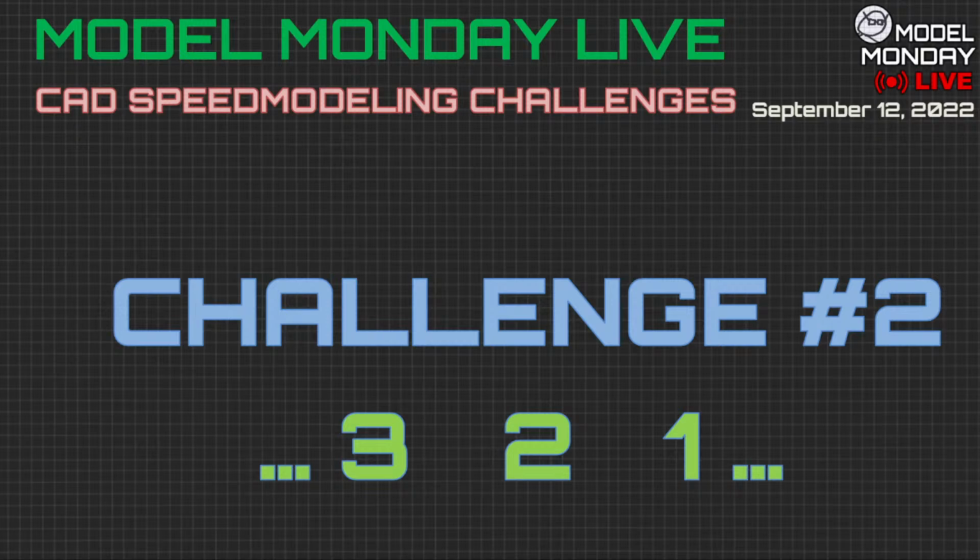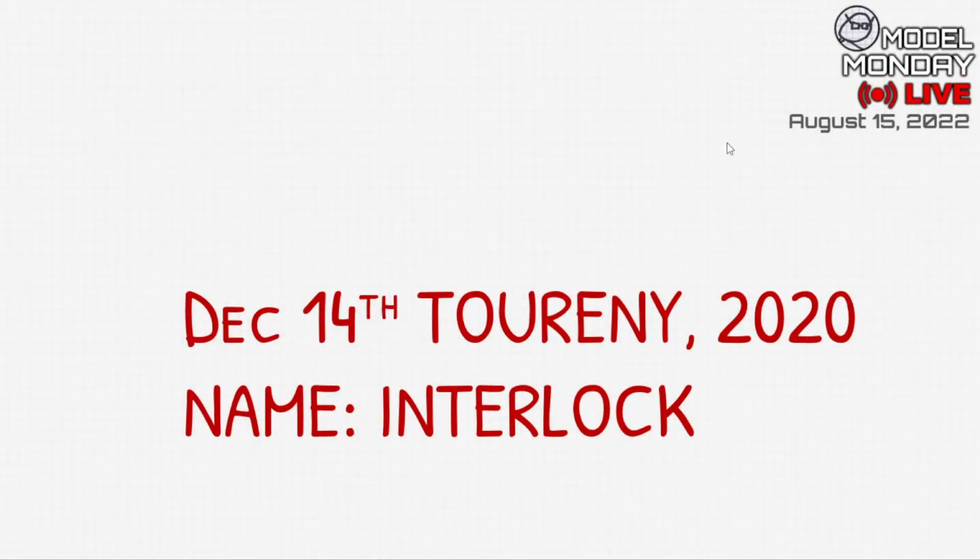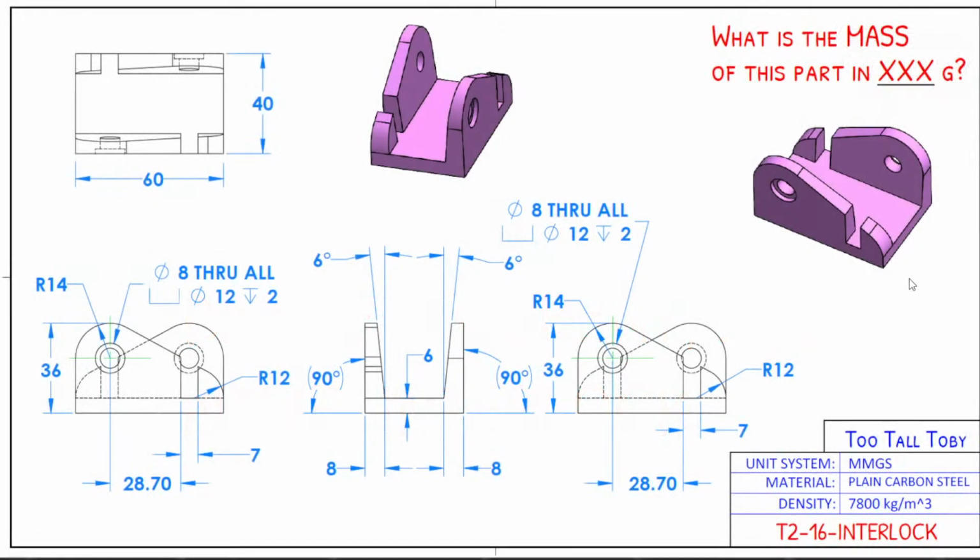Actually, this one I think has a bumper too. So this is another one from the tourney in December 2020. This one is called Interlock. Go. This is one of my favorite models, so I'm glad to be pulling this one out again.